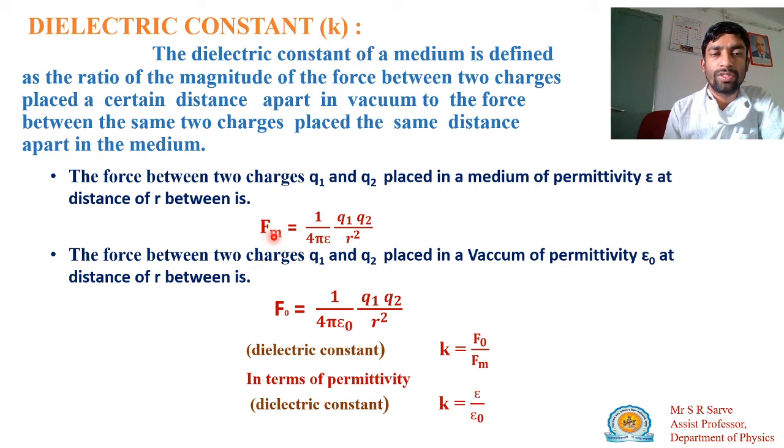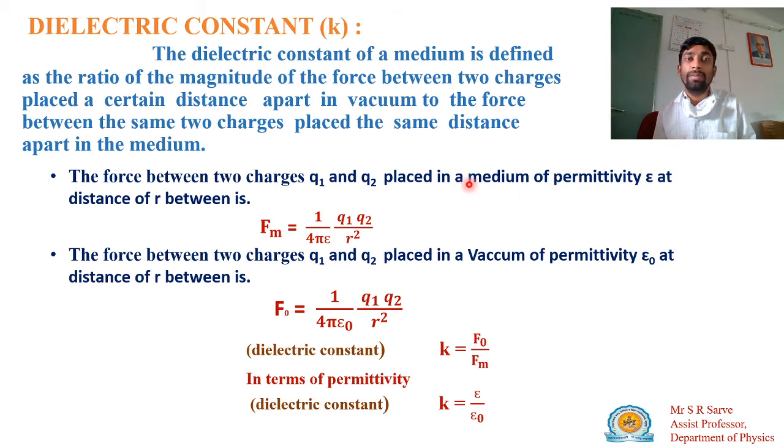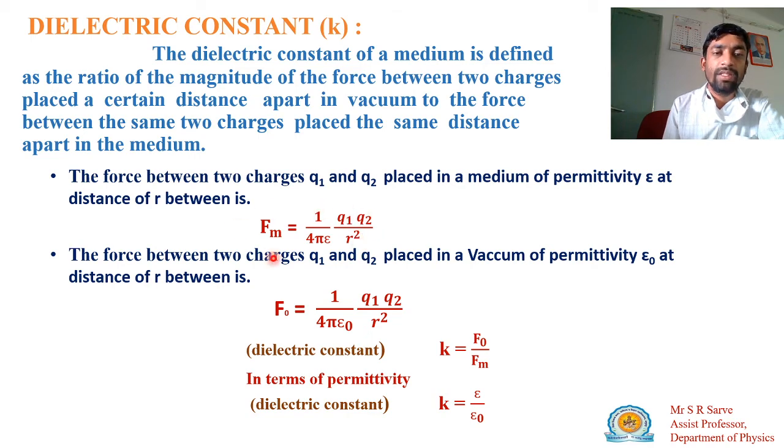If you take the force between two charges when they are placed in a medium other than air or vacuum, for example water, a dielectric medium having permittivity epsilon, then the Coulombic force is given by 1 upon 4 pi epsilon, q1 q2 divided by r squared.